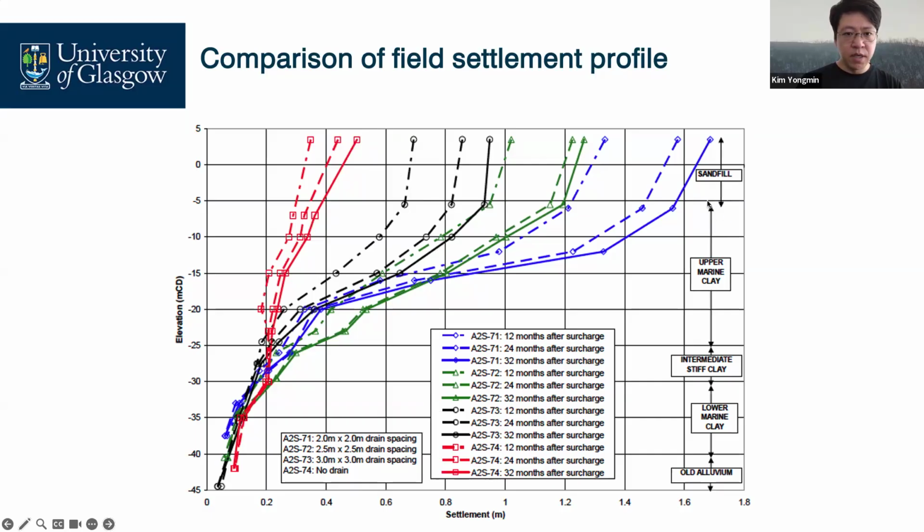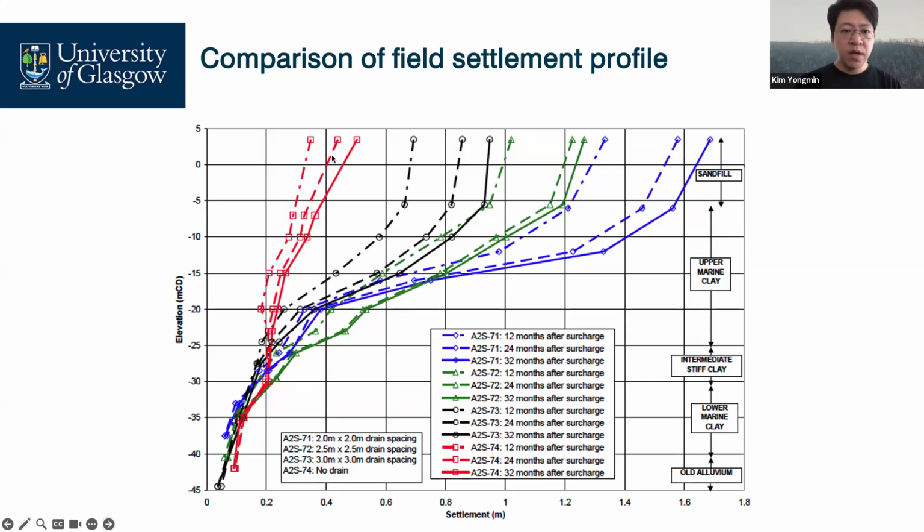But in the upper marine clay layer, from here to here, your soil settled from here to here, here to here. The red one is the soil layer itself, quite strong.